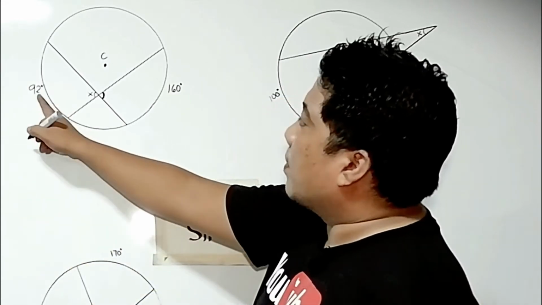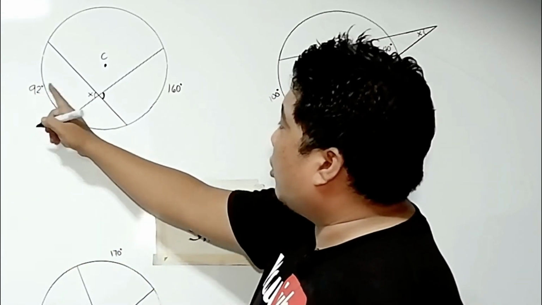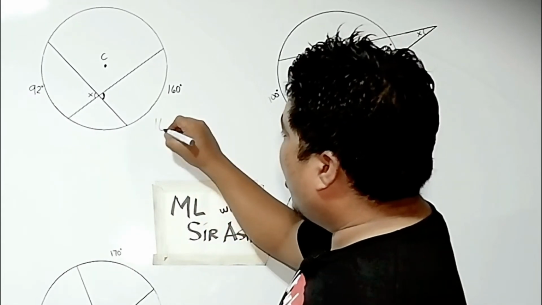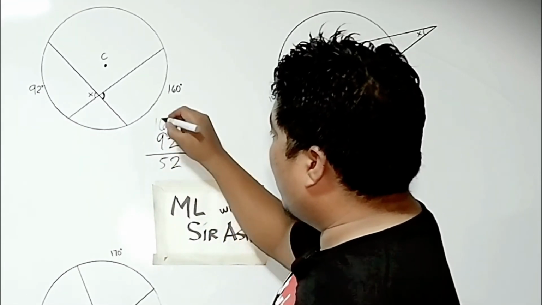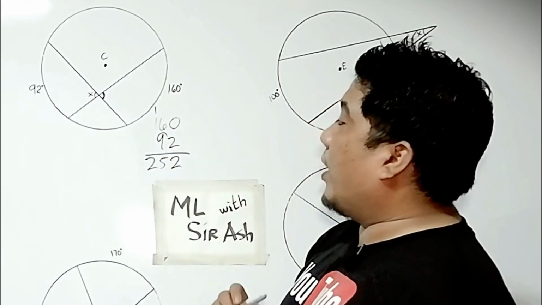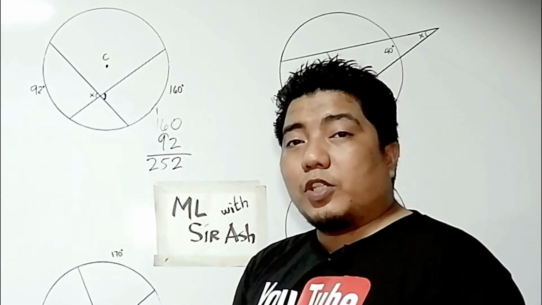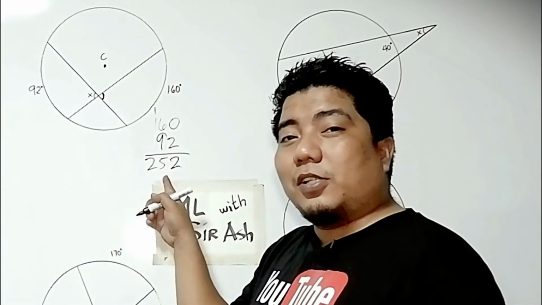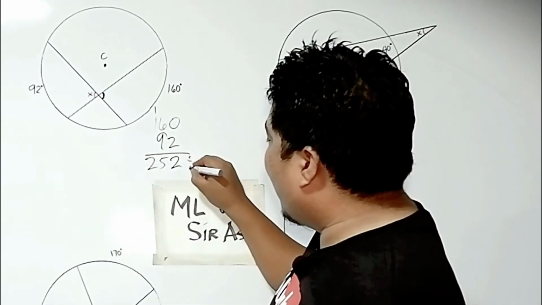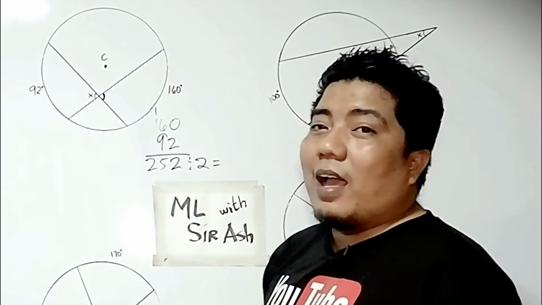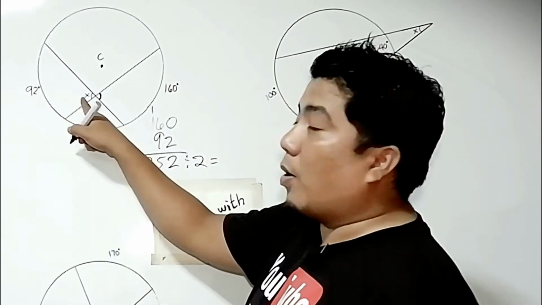Okay, so what you will do is get 92 and 160. You add them, okay? That will give you 252. Now, the question is, is this our final answer? Not yet, my dear math learners. Why? Because we need to get half of this one, and that will be our answer for our angle.